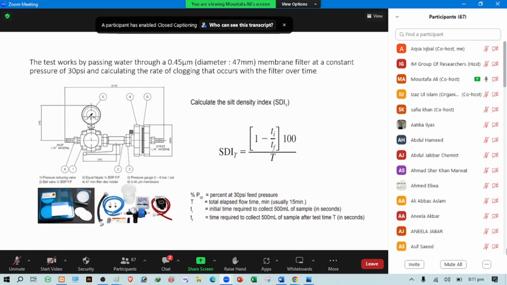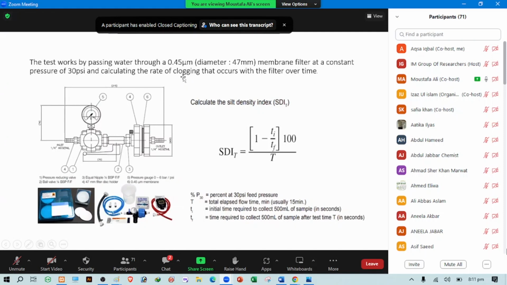So for reverse osmosis plants and nanofiltration plants, the amount of suspended solids retained by micron filtration should not exceed 2 ppm. Otherwise, I will have a very high frequency of exchanging filters.